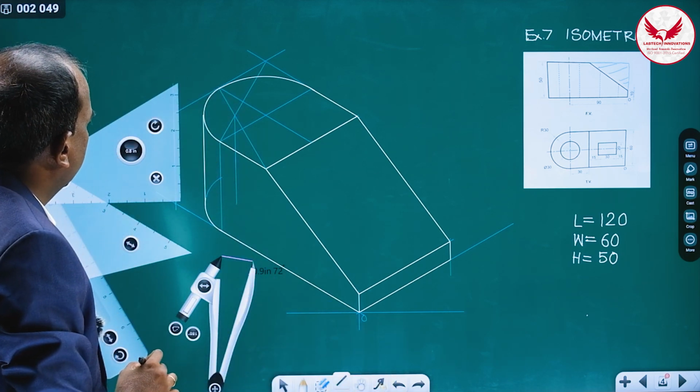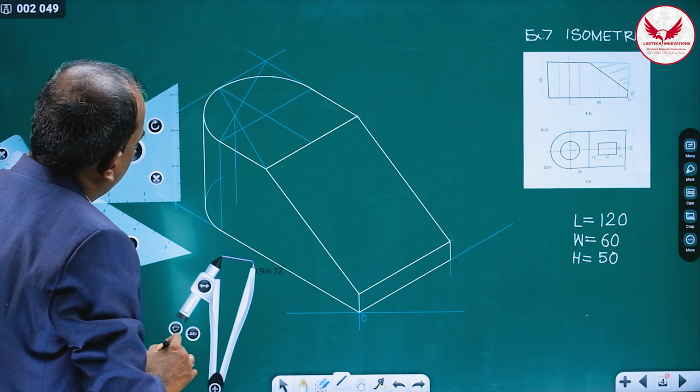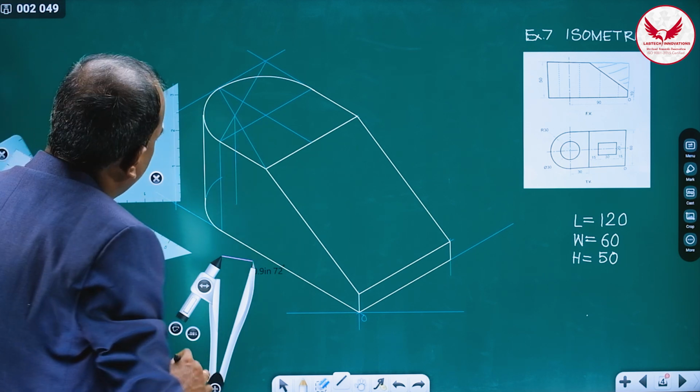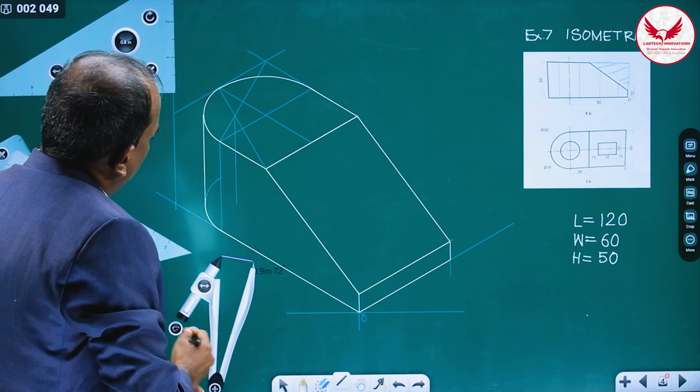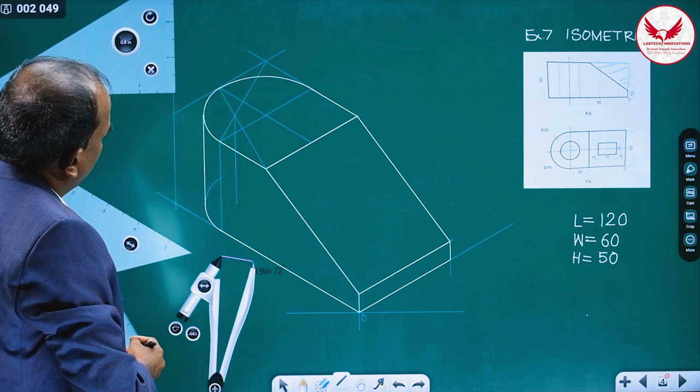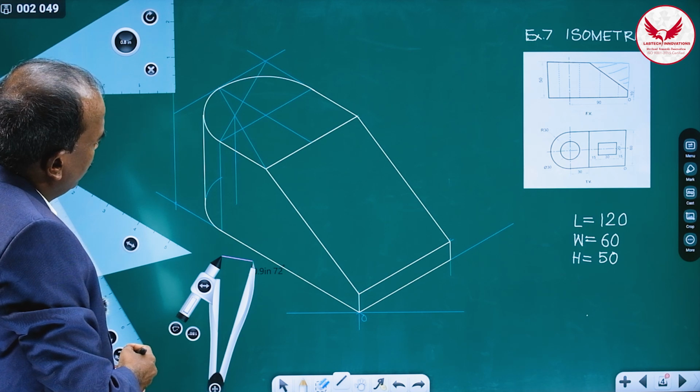In this way. So a lot of accuracy is required. So afterwards, once we draw this portion, what do we have to do?